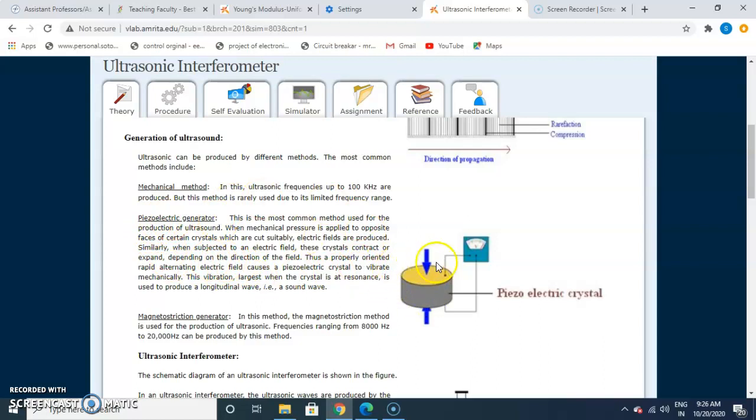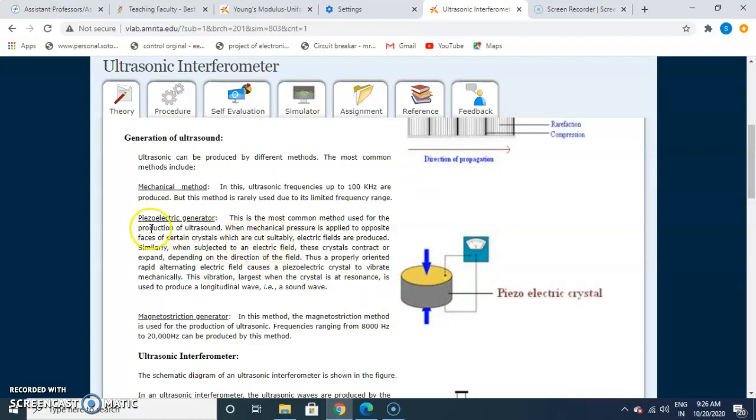See, this is a piezoelectric crystal. If you apply mechanical pressure on this piezoelectric crystal, the crystal vibrates, and this vibration produces the ultrasonic waves.